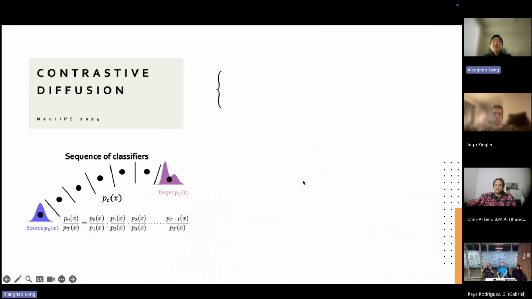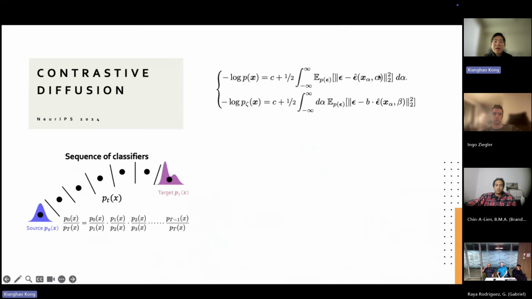So from this perspective, we can easily build up two diffusion processes. One is where we get the noisy data at the alpha noise level, so they correspond to each other. We can see it as a positive diffusion process. But we can also draw another noise level, like beta, that does not correspond to X alpha, right?